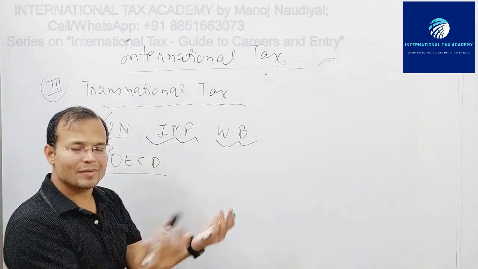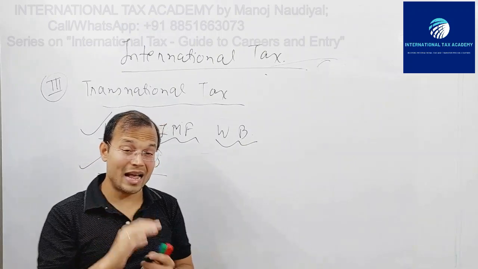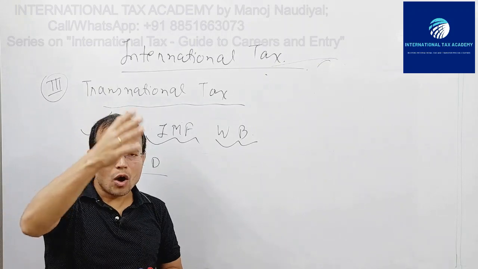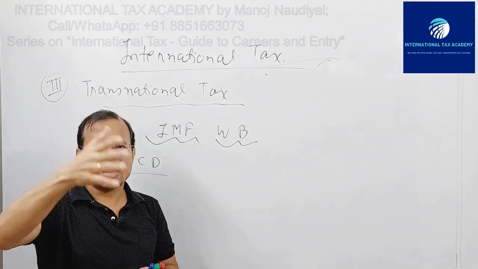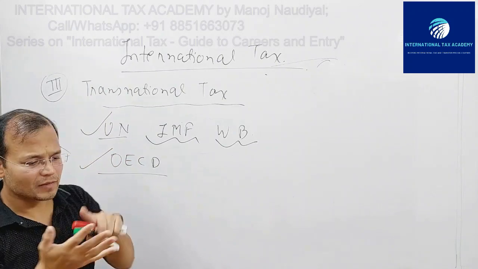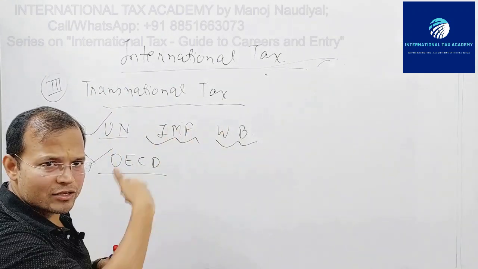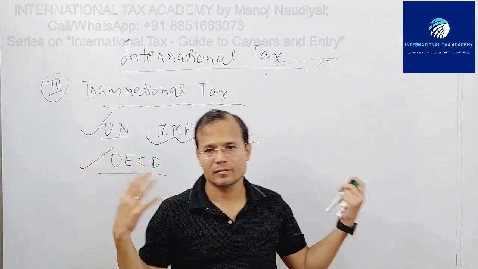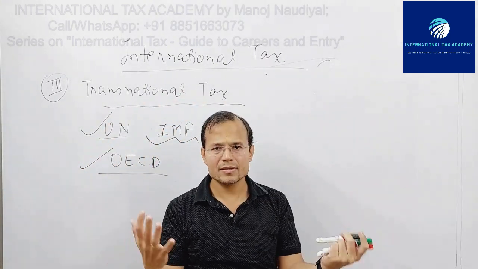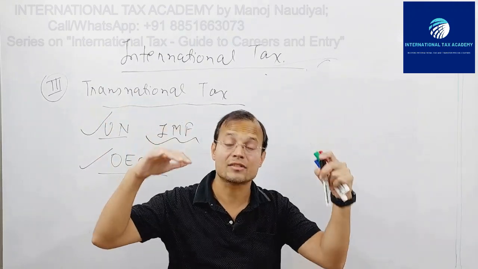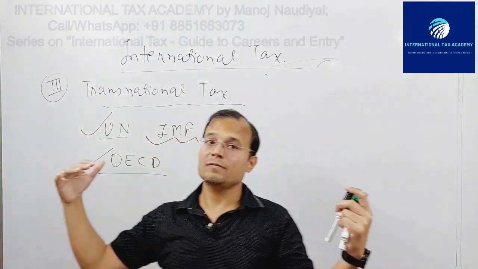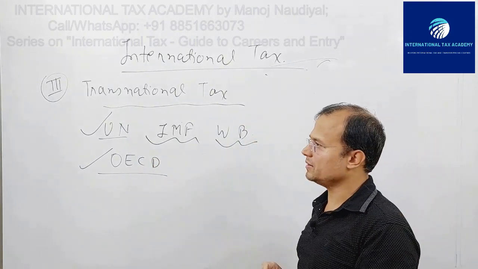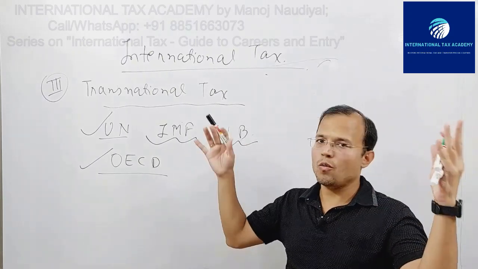So, summarizing this entire discussion of international tax: number one, inbound and outbound transactions, how the country's tax system deals with them; number two, comparative tax law; and number three, transnational tax. This entire body of knowledge makes the international tax regime, the international tax architecture in the present world. Fine. So this can be a brief description of what international tax is.